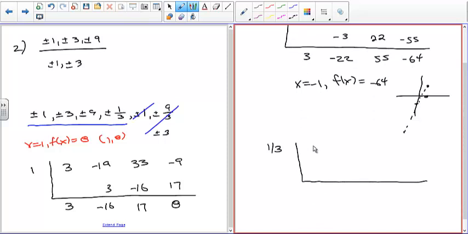So 1/3. So you've got 3, negative 19, 33, negative 9. Okay, bring the 3 down. 1/3 times 3 is 1. Negative 19 plus 1 is negative 18.